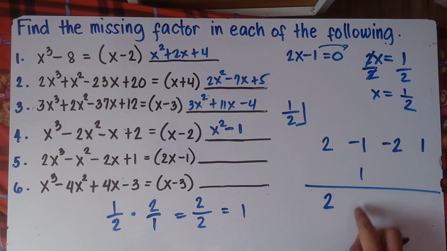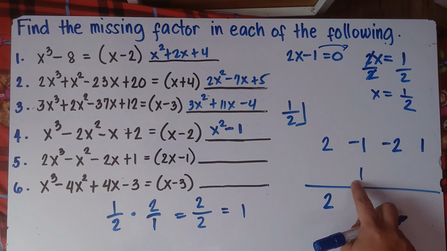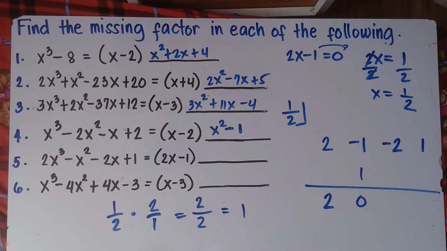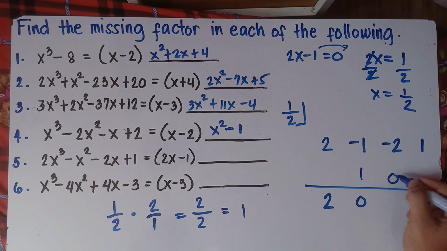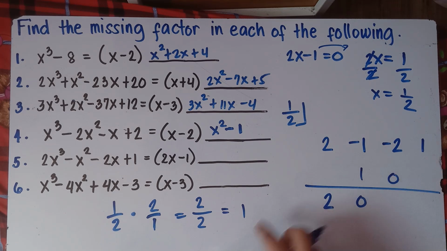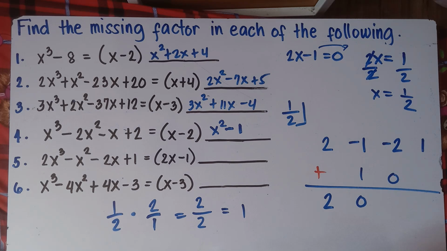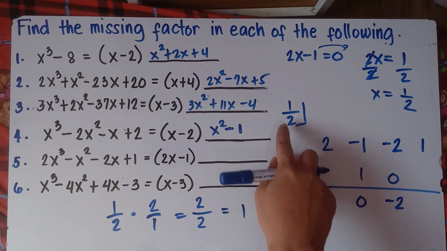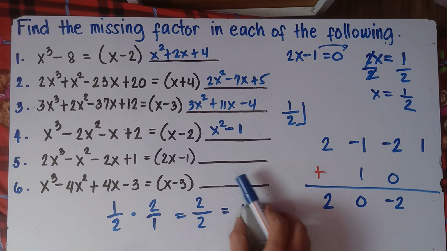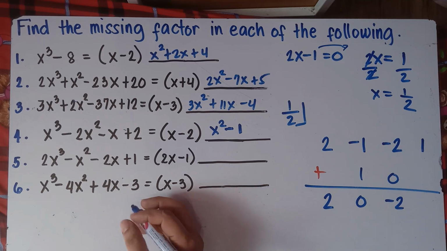And then you combine negative 1 plus 1, that is 0. Then you multiply 1/2 times 0, that is 0. Then negative 2 plus 0, that is negative 2. Then you multiply 1/2 times negative 2.